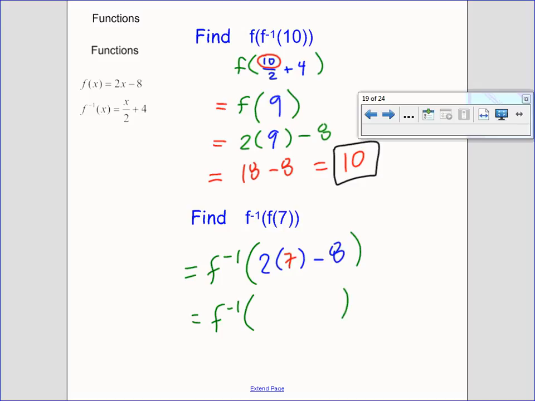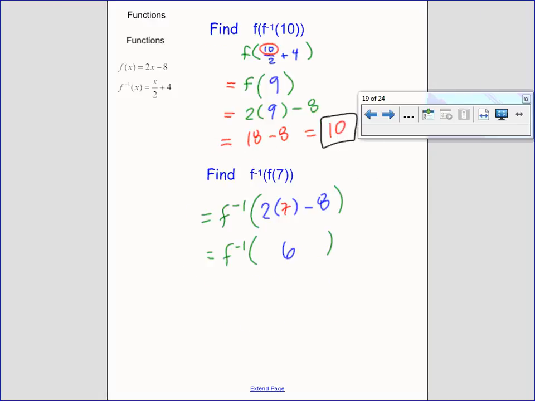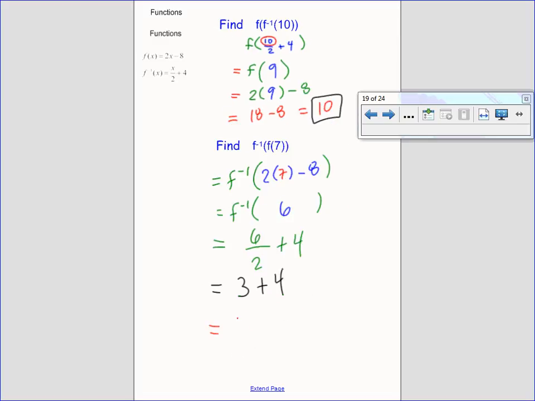That would give me 2 times 7 is 14. 14 minus 8 is 6. So I'm getting 6 for f of 7. And lastly, that would be f inverse of 6, which is 6 over 2 plus 4. And that's 3 plus 4. And that's 7.